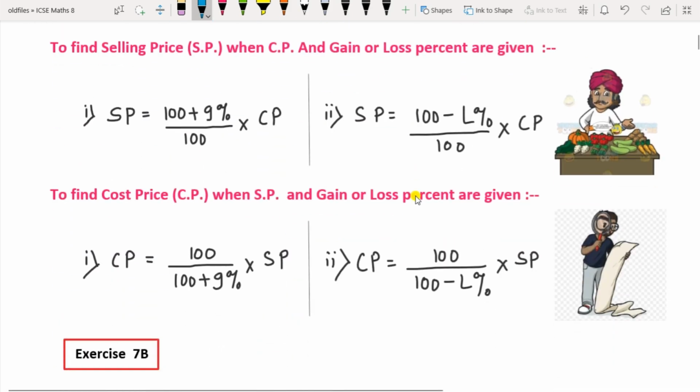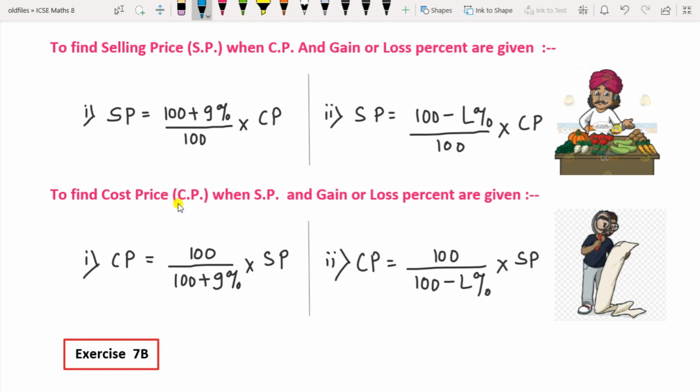So here there are two formulas that we have seen earlier. That is to find the selling price when cost price and gain or loss percent has been given. So selling price equals (100 plus gain percent) upon 100 into CP, and selling price equals (100 minus loss percentage) upon 100 into CP.